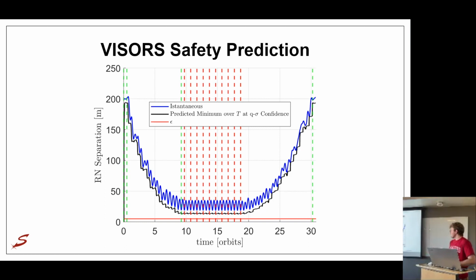But in this, we see the actual true separation between the spacecraft in the simulation framework that we have, and the predicted minimum separation threshold over a time horizon, up to a 3 sigma confidence interval on the 2D ellipses in the RT and RN plane. And this is just showing the RN plane ellipse, but it is always lower than the true separation between the spacecraft.